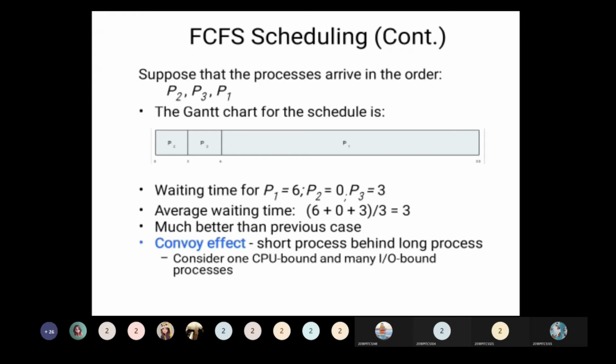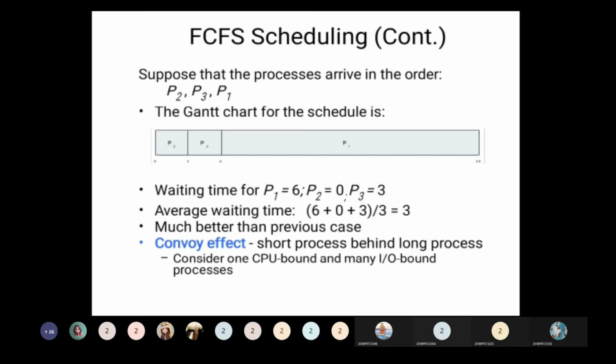P2 and P3 actually require only 3 milliseconds for execution, but they are spending more time than their burst time requirement. This is because they arrived after the longer burst time process.